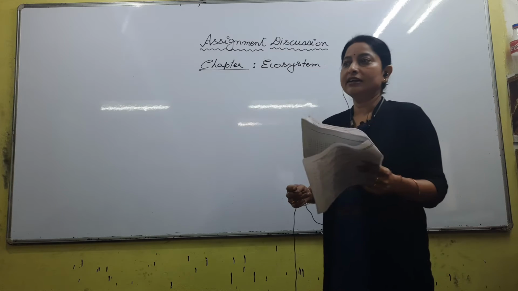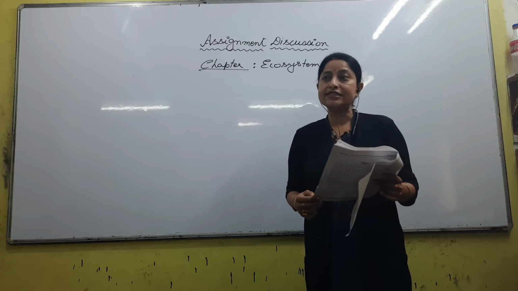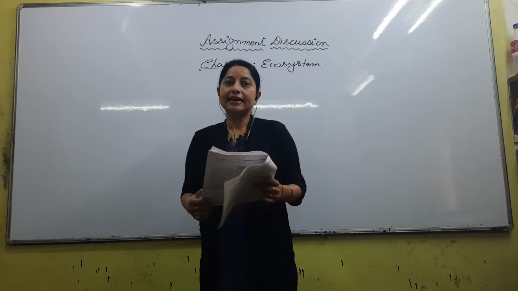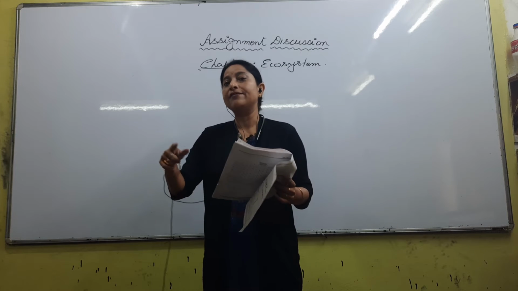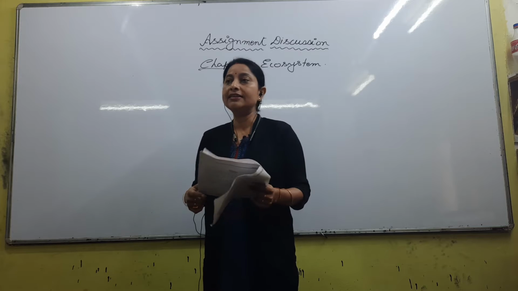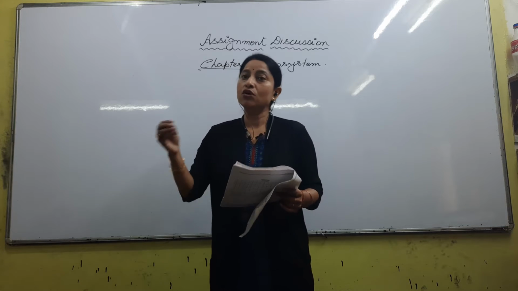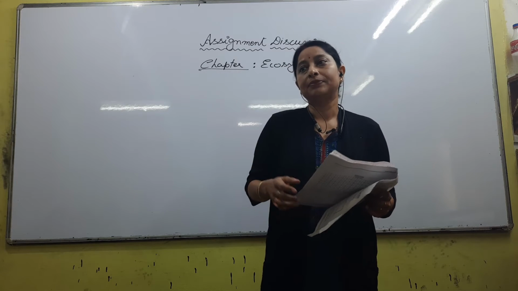Why T5? Because generally whenever we talk about the different trophic levels present in an ecosystem, it is generally confined to 3 or 4. In highly complicated ones, maybe there is 5. Normally, in these trophic levels, decomposers are not included. But if you want to incorporate decomposers, then they would always occupy the highest trophic level.